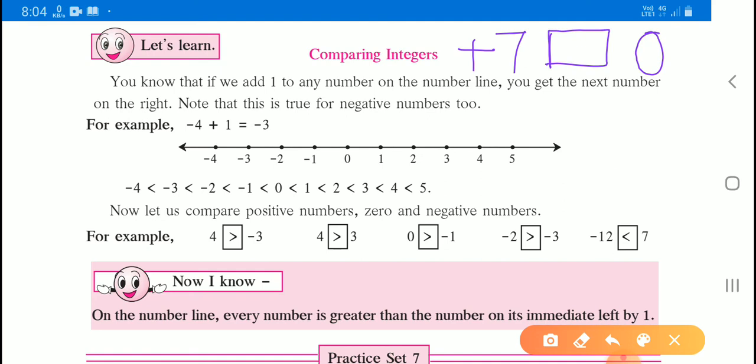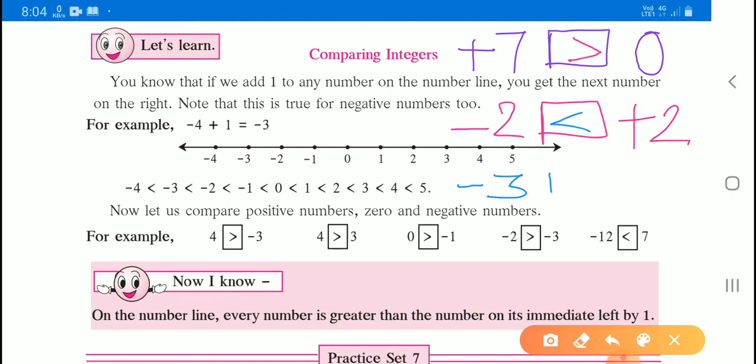Positive 7, because going right the numbers increase, and positive 7 is far from 0, on the right side of 0, so positive 7 is greater than 0. Suppose I take negative 2 and positive 2. Which number is greater here? Positive 2.